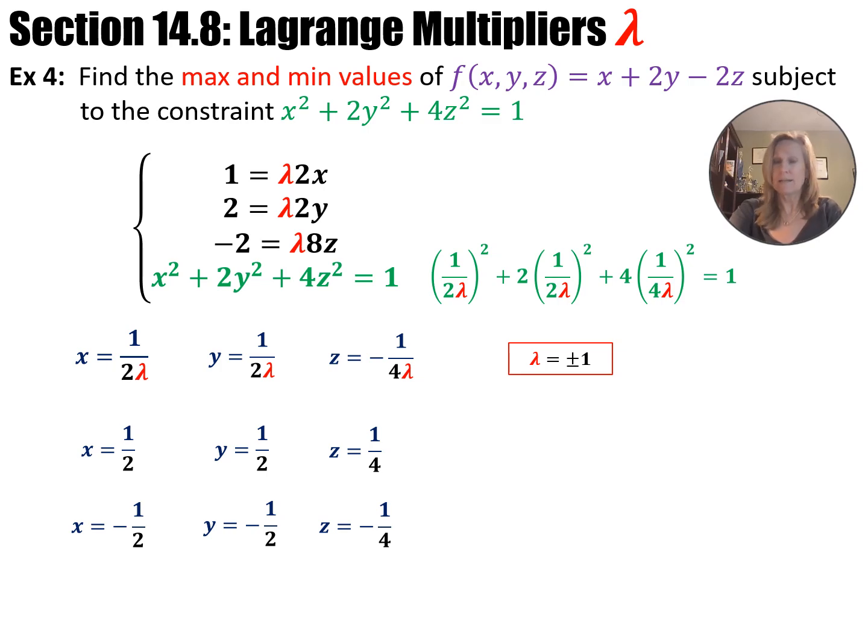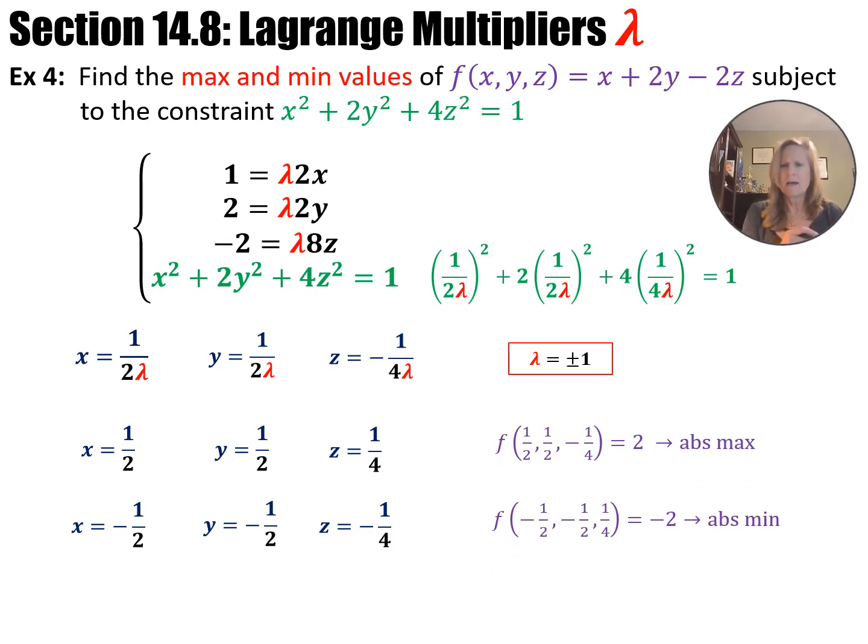Again, not done. Had to plug all of those into, not the green equation, right? Into the Z equation to compare heights. And when I did, I got the absolute max to be 2 and the absolute min to be negative 2 at those 2 points. Good.